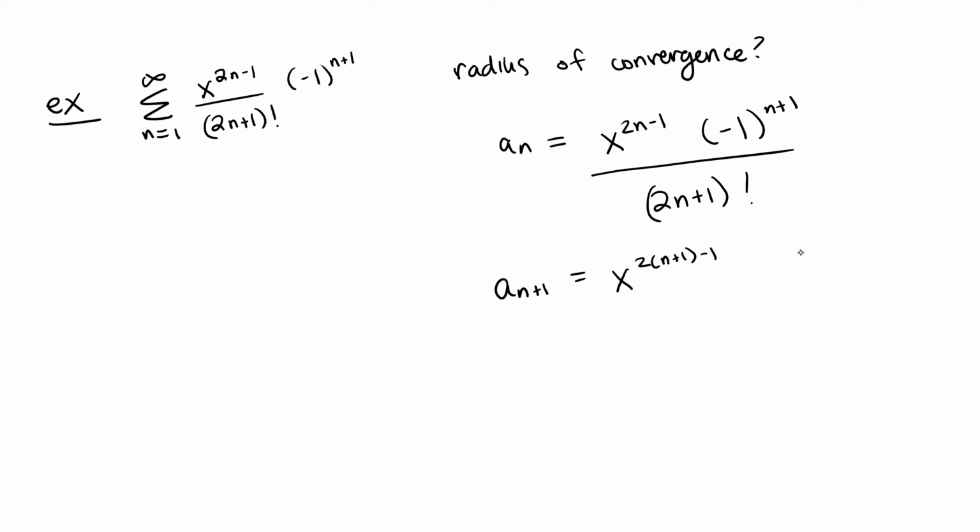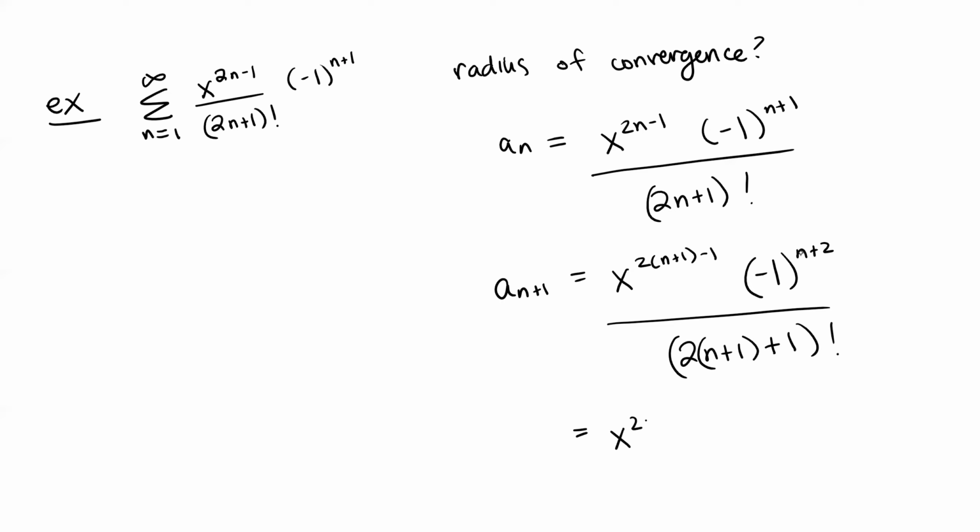We've got negative 1 to the n plus 2. And then we've got 2n plus 1 factorial. So let's clean this up a little bit. We've got x to the 2n plus 2 minus 1.